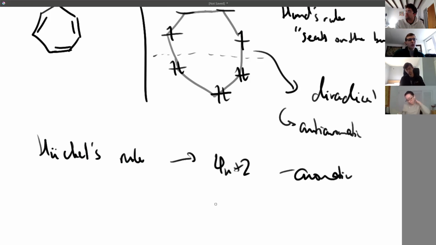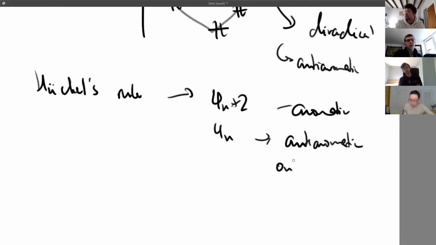And if it's 4n, then it's anti-aromatic. That's only if it's planar, though. Okay. And in general, if something has the choice of being not planar, then it will.